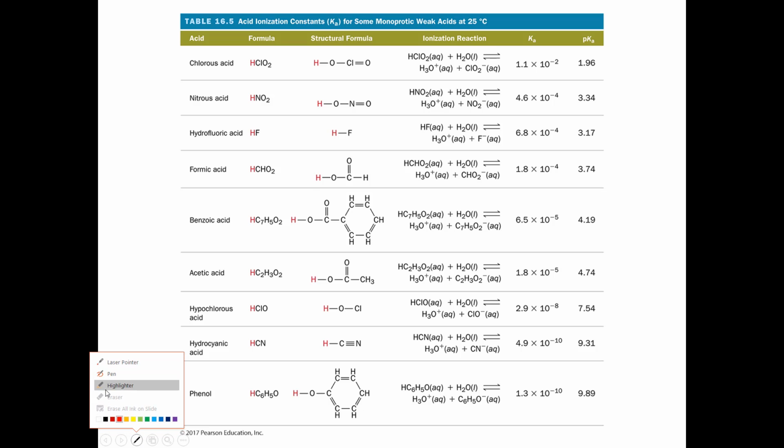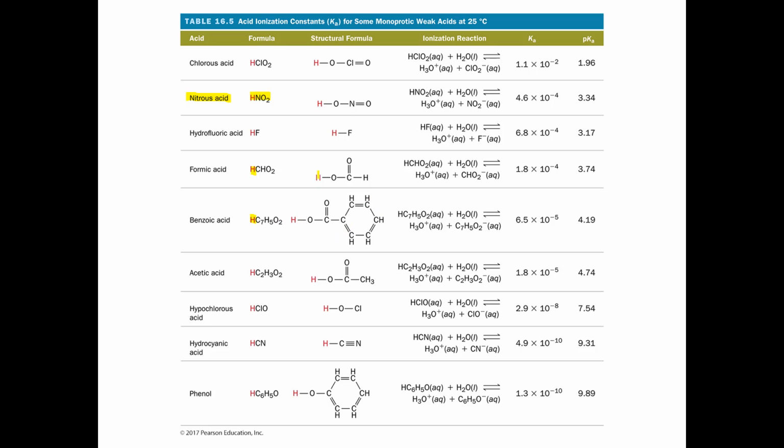Let me borrow here my highlighter and let's look at nitrous acid over here. Notice that they give you first of all the name of the acid, then they give you the formula, and notice that they've highlighted in red what we call the acidic hydrogen. In other words, the hydrogen that is going to ionize out. Notice that when you look at formic acid or benzoic acid, there's other hydrogens in the formula.